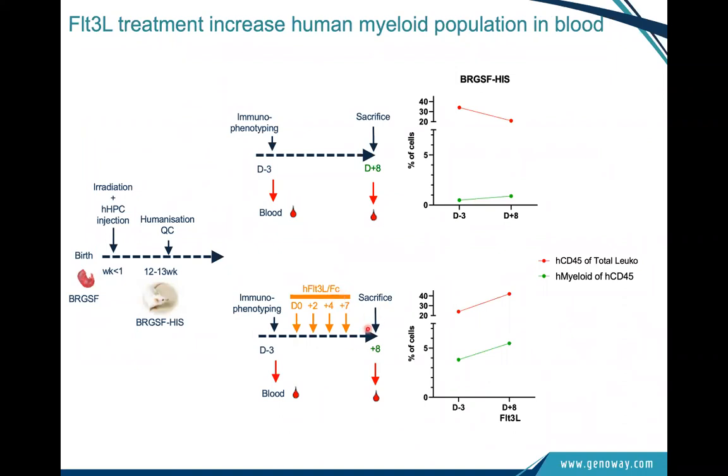And as you can see here, mice were bled 1 day after treatment, and we analyzed the human myeloid compartment and the human CD45 cells. And as you can see, the treatment with FLT3 ligand enhances the human myeloid cells development and also enhances the human CD45 cells development, due to the cytokines which can be produced out of those myeloid cells.